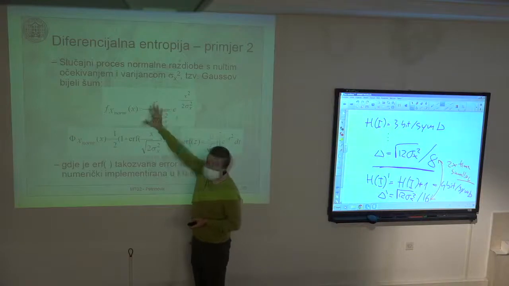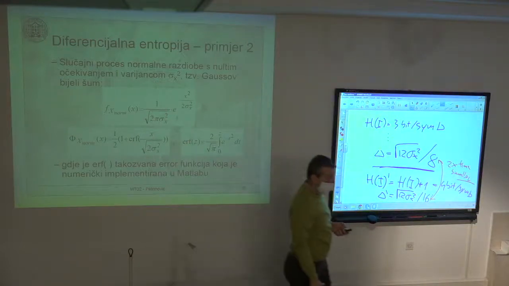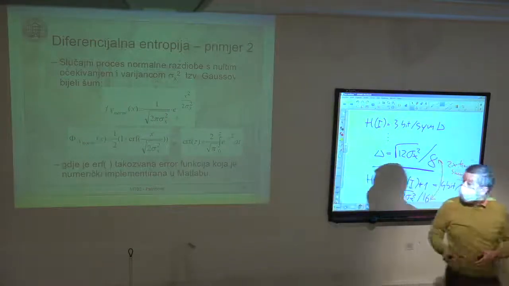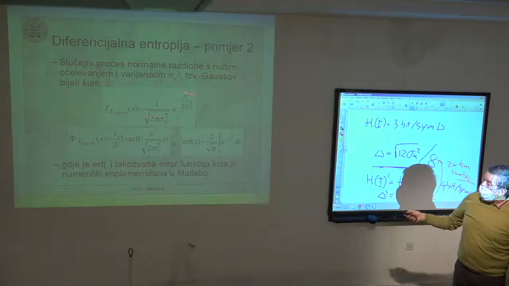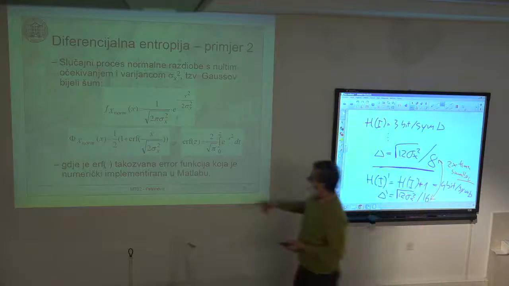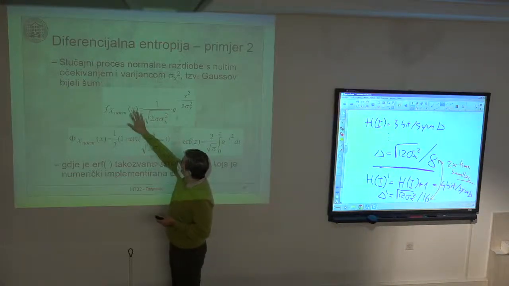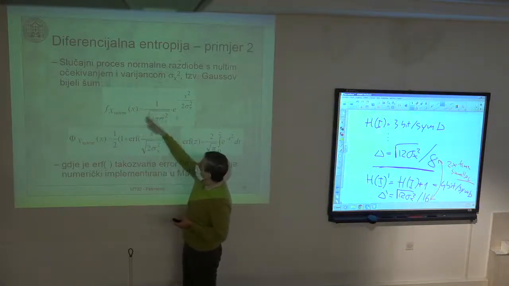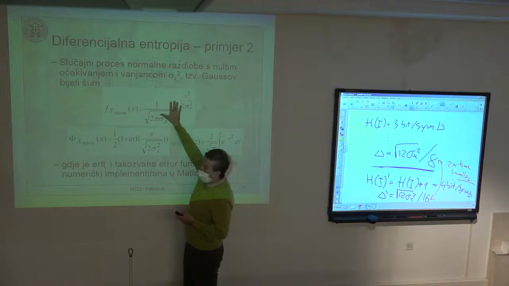And this term here is the normalization term that ensures that the integral of this f_X is equal to 1, to unity. So if I integrate this f_X normal of x over the whole range of values, x from minus infinity to plus infinity, I get an integral equal to 1.